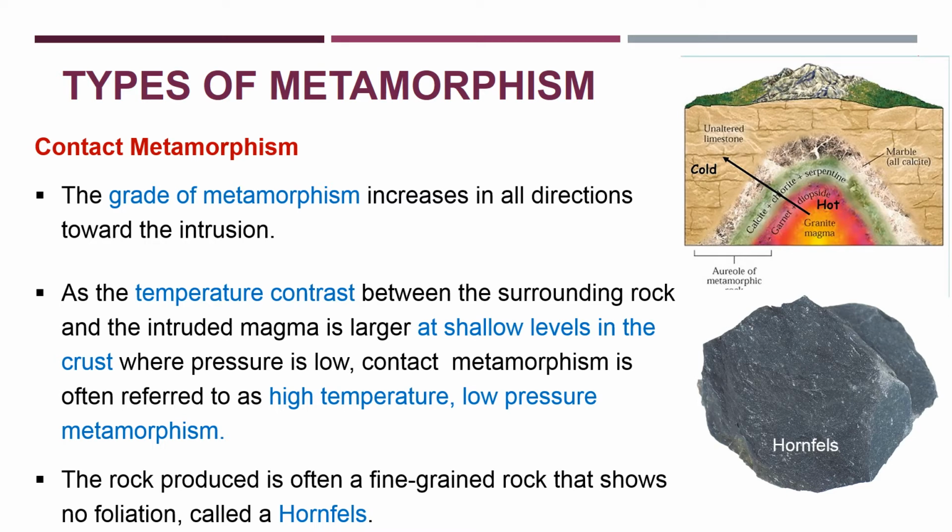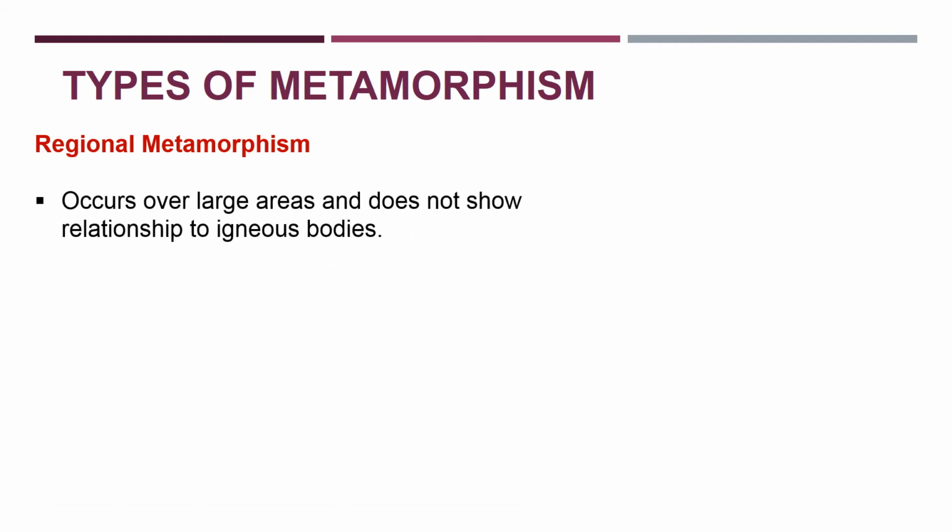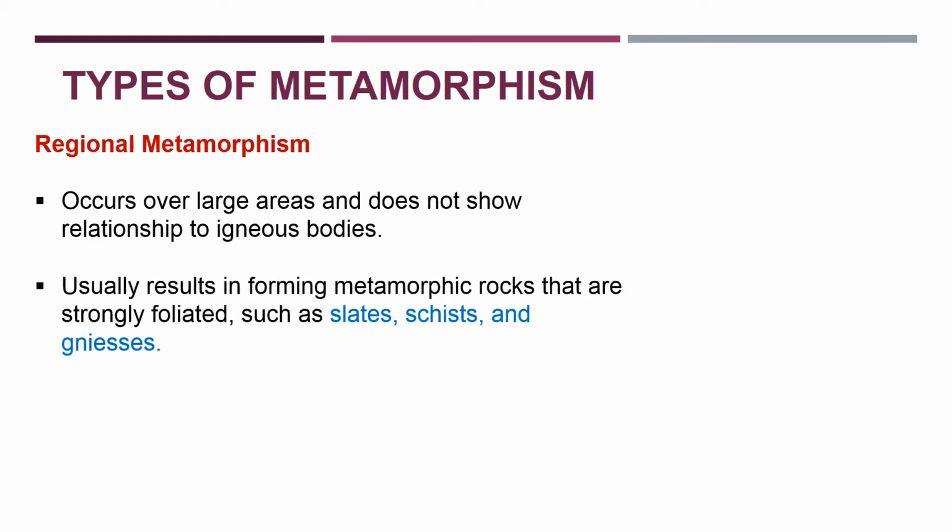The second type of metamorphism is called regional metamorphism, and from its name it extends over a large area, a region. It happens over large areas and does not show a relationship to igneous bodies, and it results in forming metamorphic rocks that are strongly foliated, such as slate, schist, and gneiss.